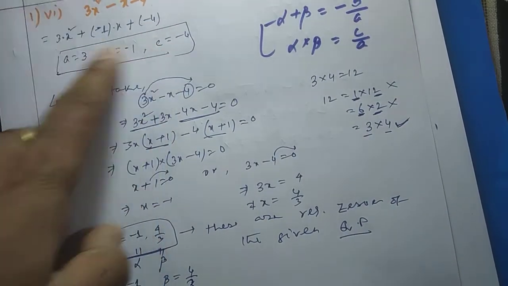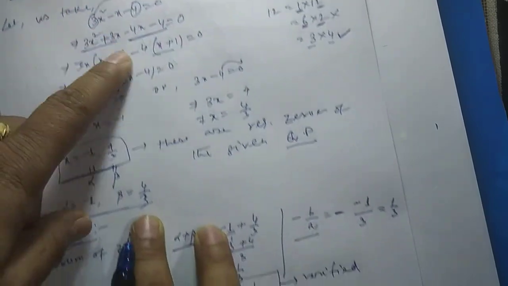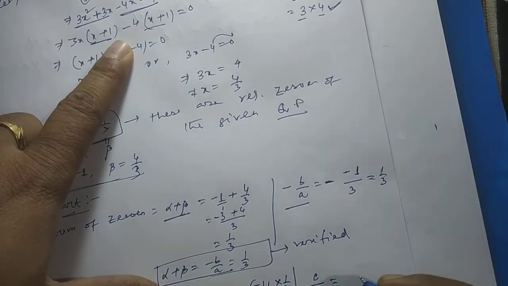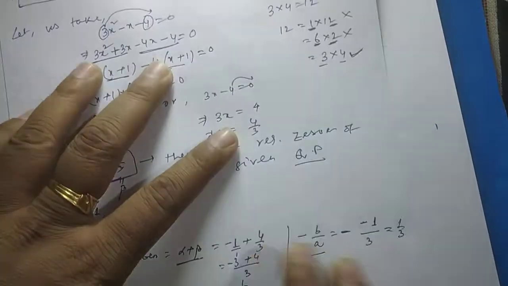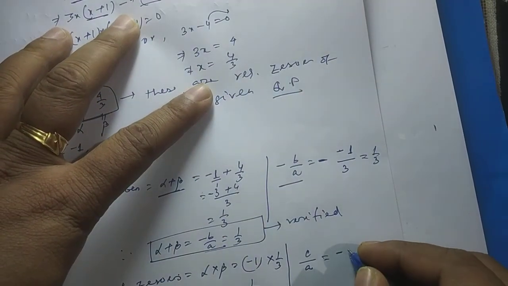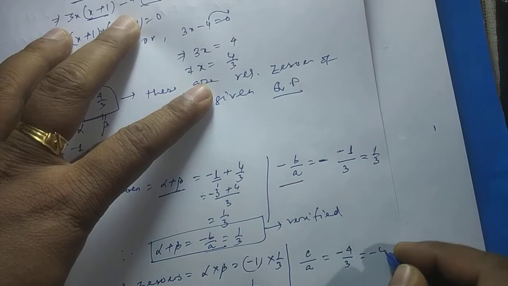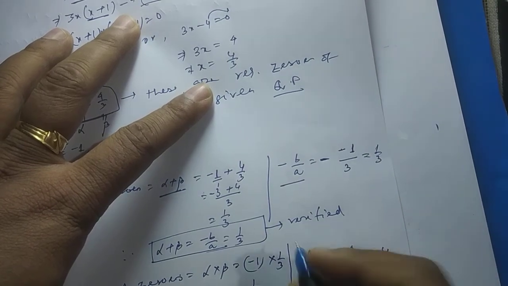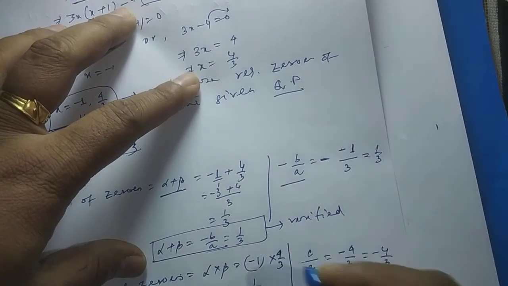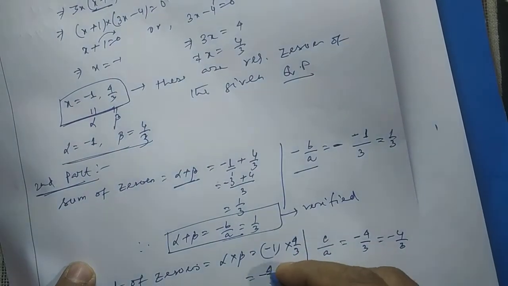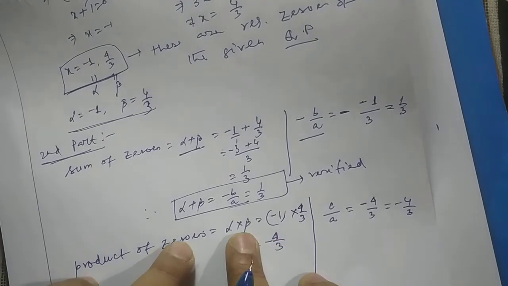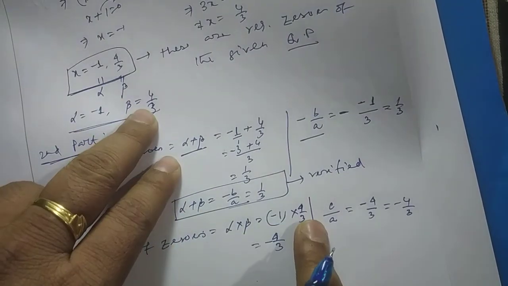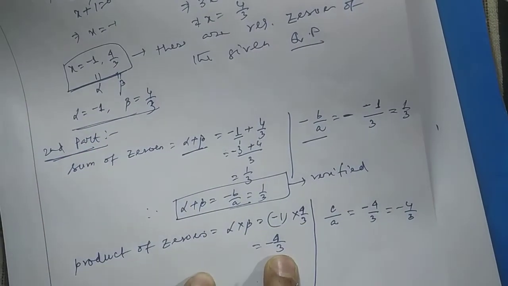Minus 4, and a was 3. Now put down here. C was minus 4 and a was 3. So it will become minus 4 by 3. Correct? Here alpha was minus 1 and beta was 4 by 3. So alpha into beta will be minus 4 by 3.